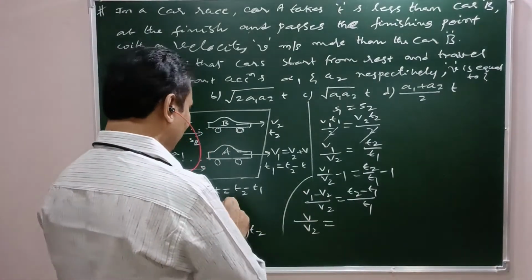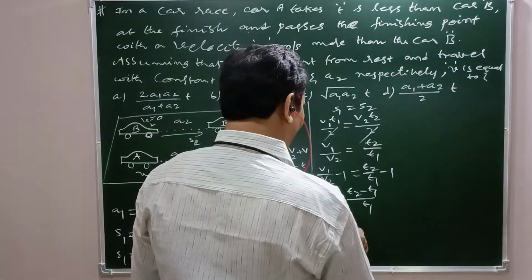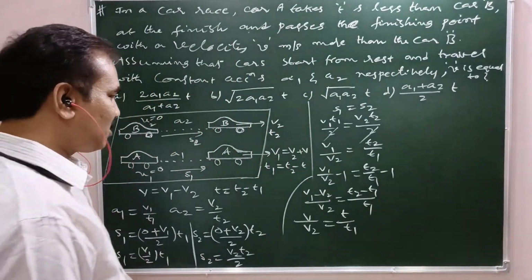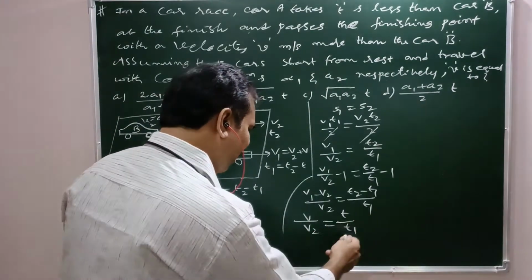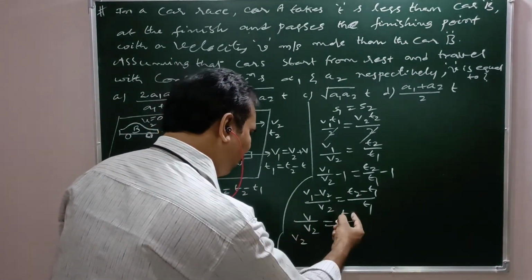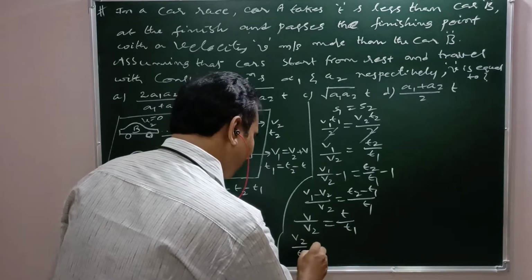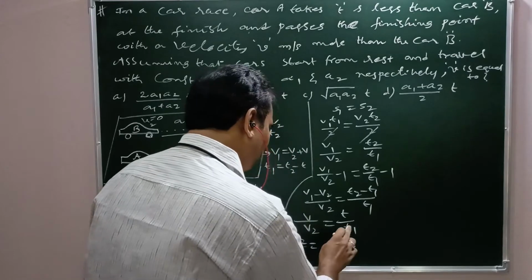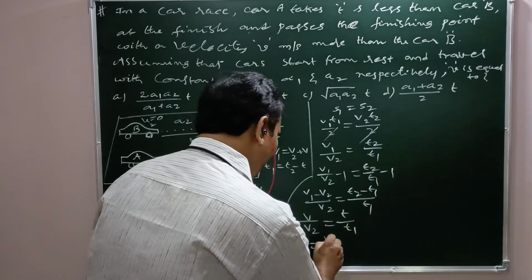So t2 minus t1 equals t by t1. Right? That is v2 by t1 equals v by t.